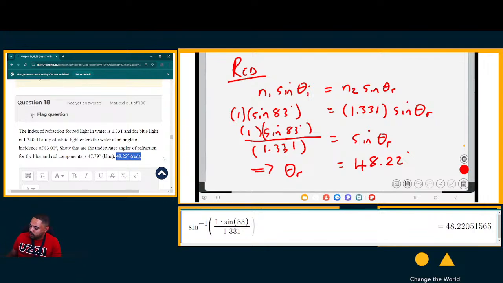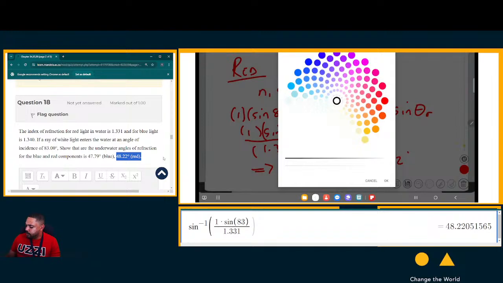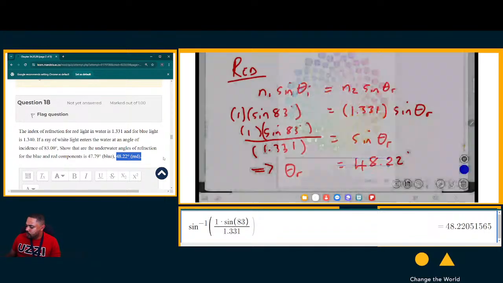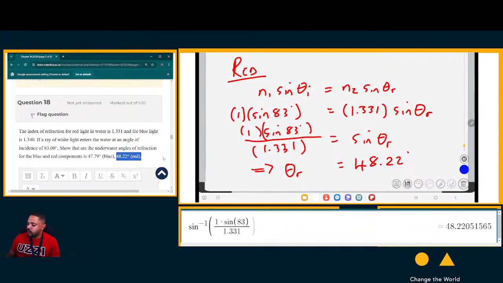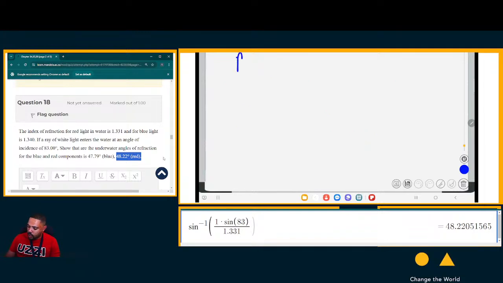So that is correct. Now for blue light, we need to show that the angle of refraction is 47.79.